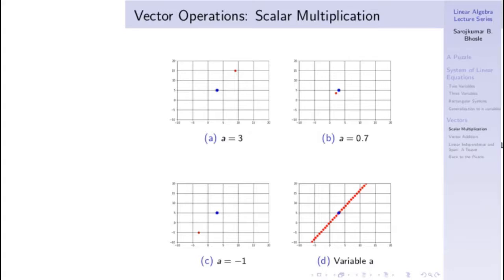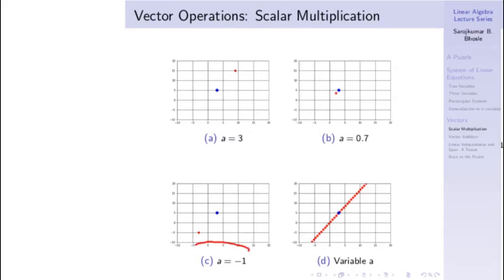Now if we multiply this vector by a scalar a equal to 3, we get this vector. If we multiply the same vector represented by the blue point by a equal to 0.7, we get a vector whose magnitude is less than the magnitude of the vector represented by the blue point.